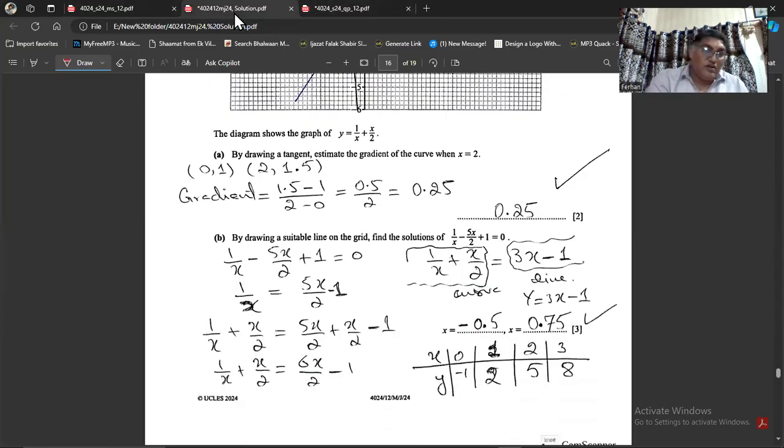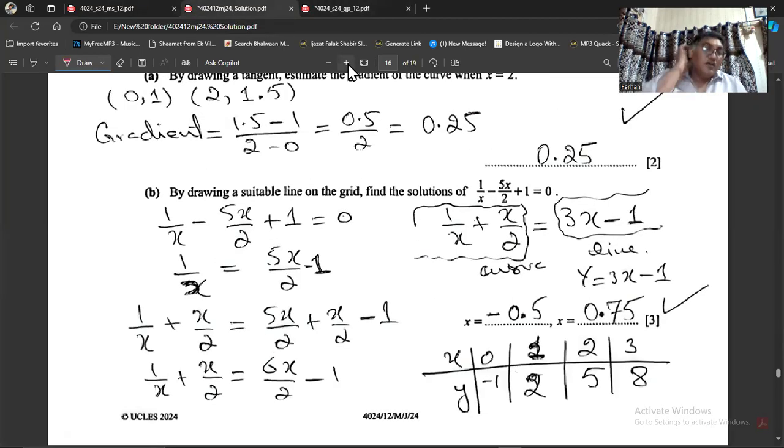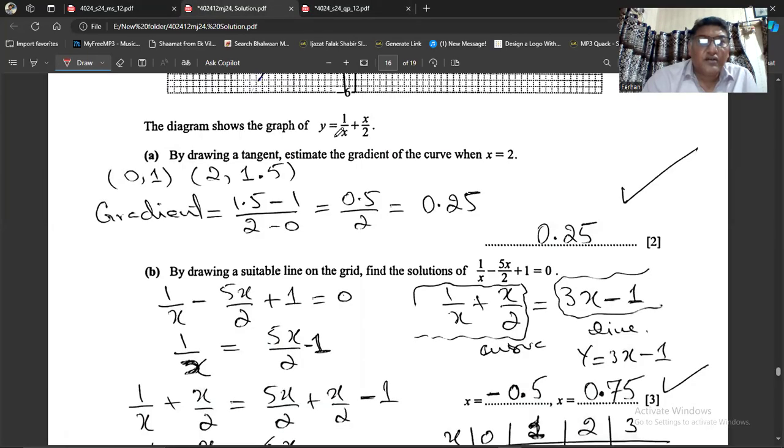Let me show you. So you see 1 plus x minus 5x by 2 plus 1. I will take these two terms to the right side, so 5x by 2 minus 1. So here I am left with 1 by x. So I will try to make this equation.